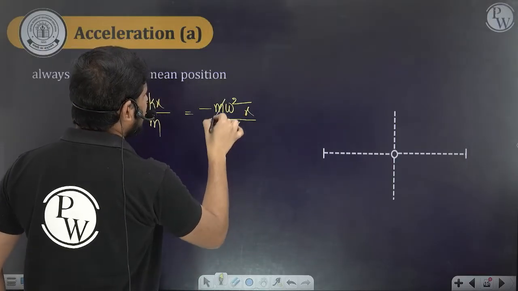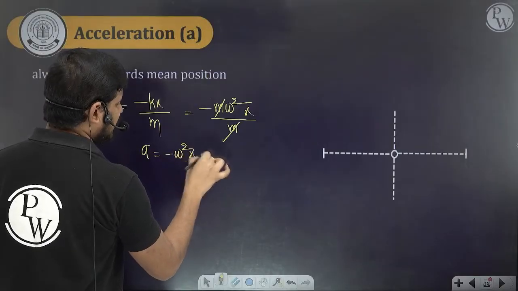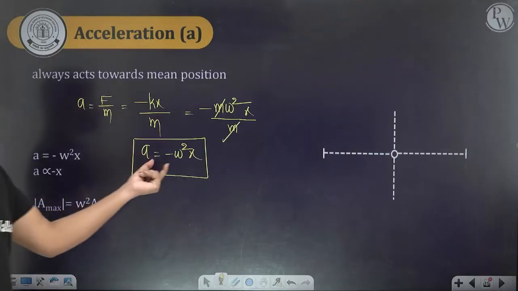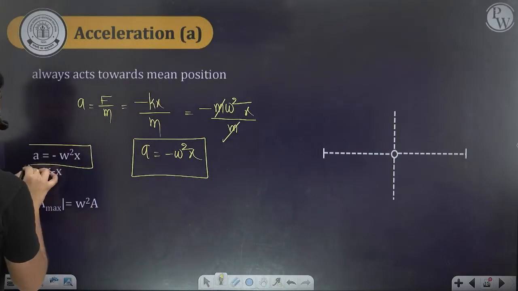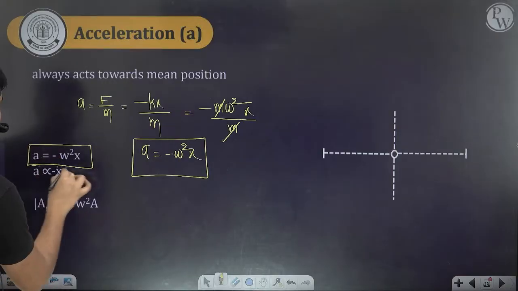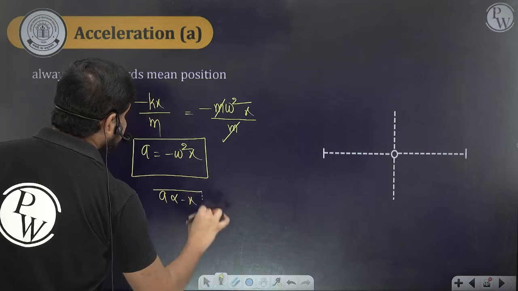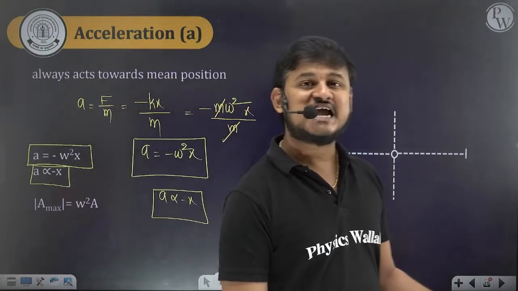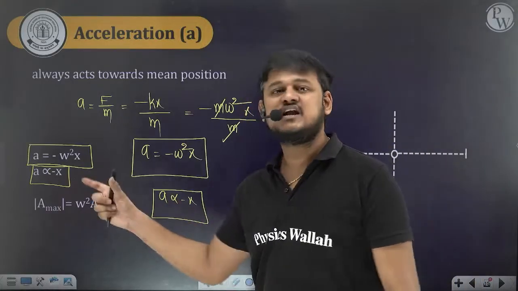Here m gets cancelled. The acceleration a is equal to minus omega square x, and a is directly proportional to minus x. Similarly to F, which is directly proportional to minus x and always acts towards the mean position, a is directly proportional to minus x.